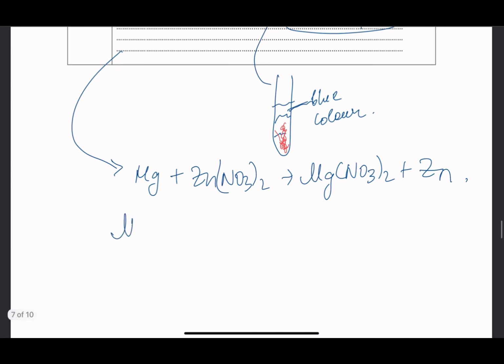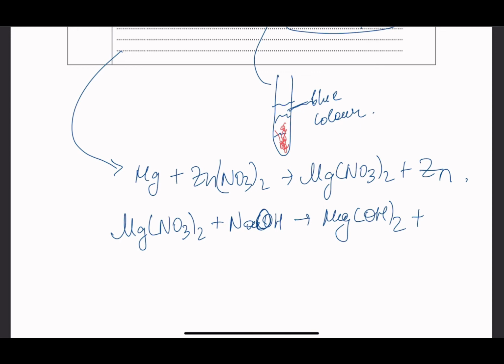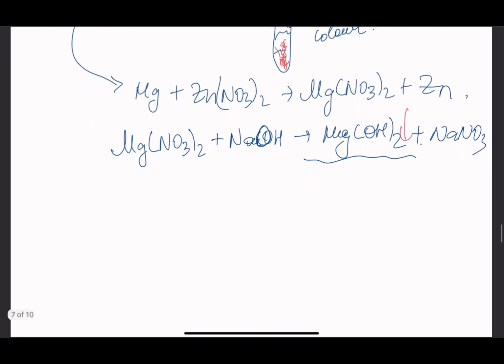And then you would filter this out, and from the filter, after that you would add sodium hydroxide, and then you would get magnesium hydroxide and sodium nitrate. I'm just going to let you guys Google the color of this stuff, but this is going to be another precipitation.